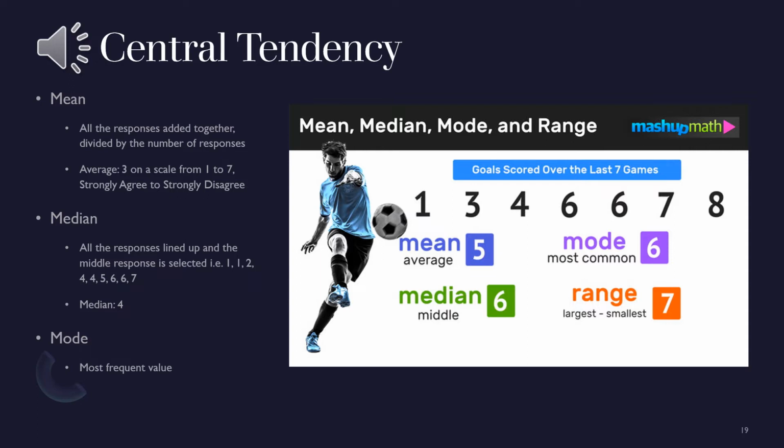Sometimes the central tendency in a range of, say, ordinal interval variables can tell you a lot. Now, if there are outliers in the data, it might be more helpful to look at the median response, because each response is only given an equal weighting, and all the responses are lined up, the middle response is selected. The mode is the most frequent value, and this can be useful as well.